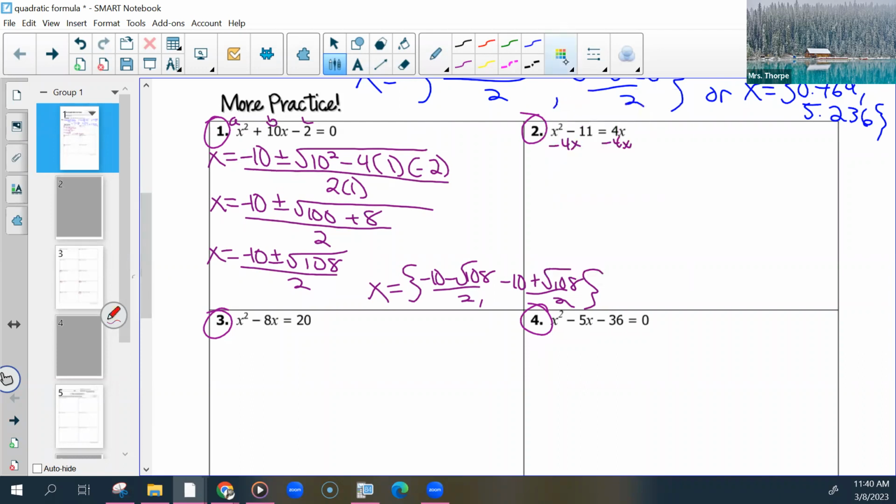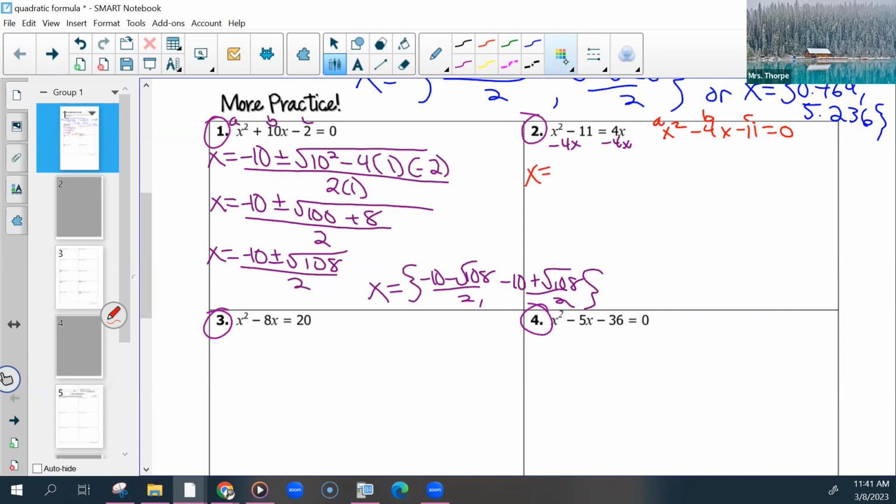So when we rewrite it, it'll be x squared minus 4x minus 11 equals 0. Then we could label our A, B, and C. Once we know what our A, B, and C are, we can start to put it in the formula.